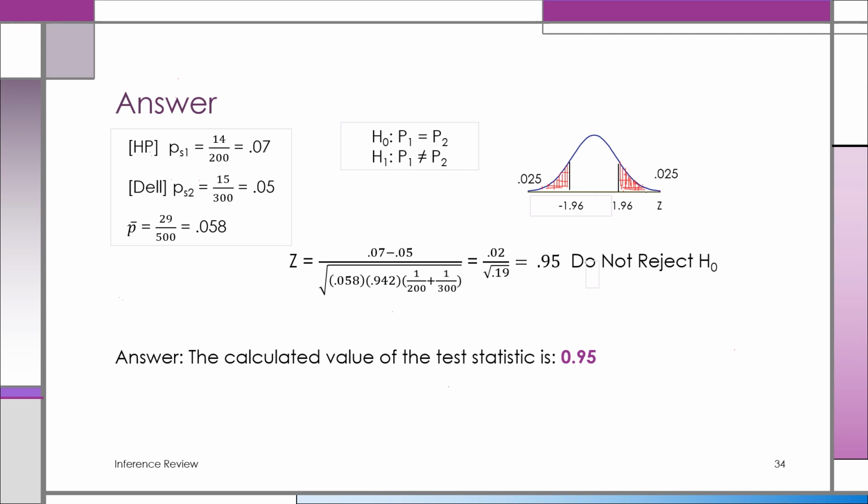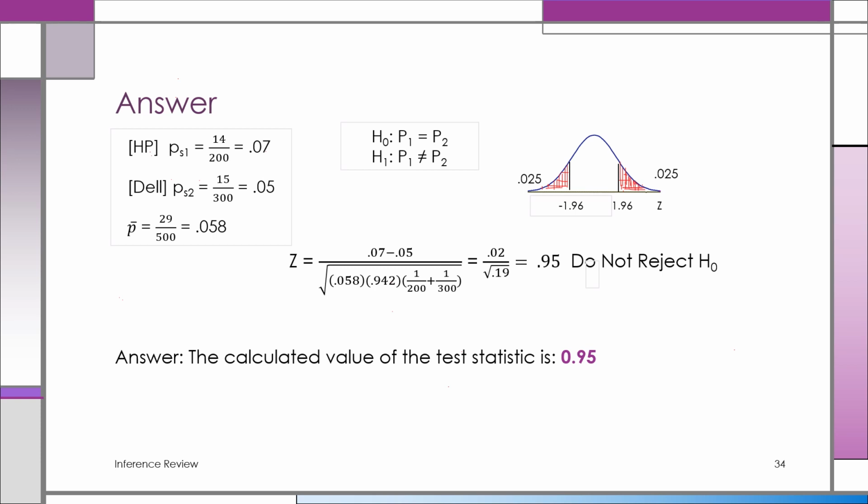Now notice, to use the formula, you've got to get that P bar, kind of like a pooled P, because under H0 it's one group. So put it together, pretend it's one group. If it's one group, you have 29 defects out of 500. That's called P bar, and that's 0.058, 5.8%. And that goes in the formula.